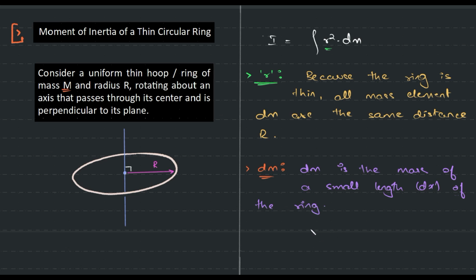So basically we have dm is equal to density times dl, guys.